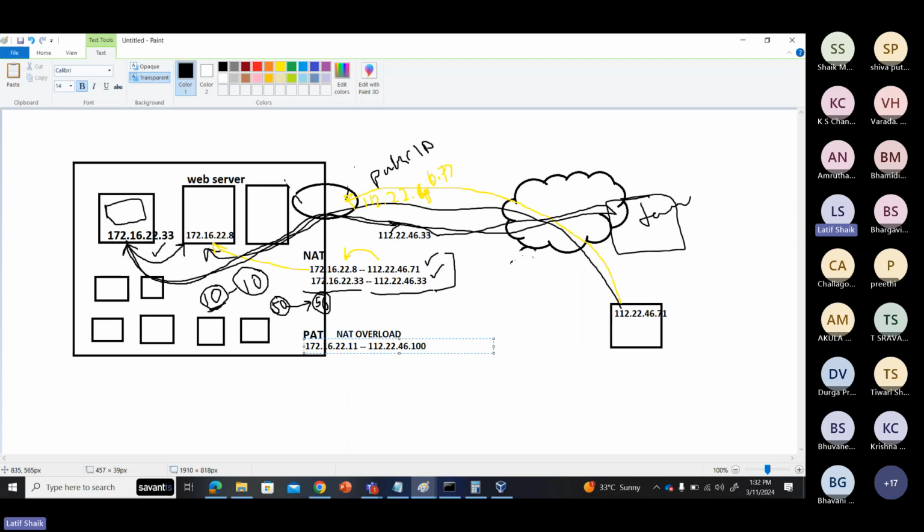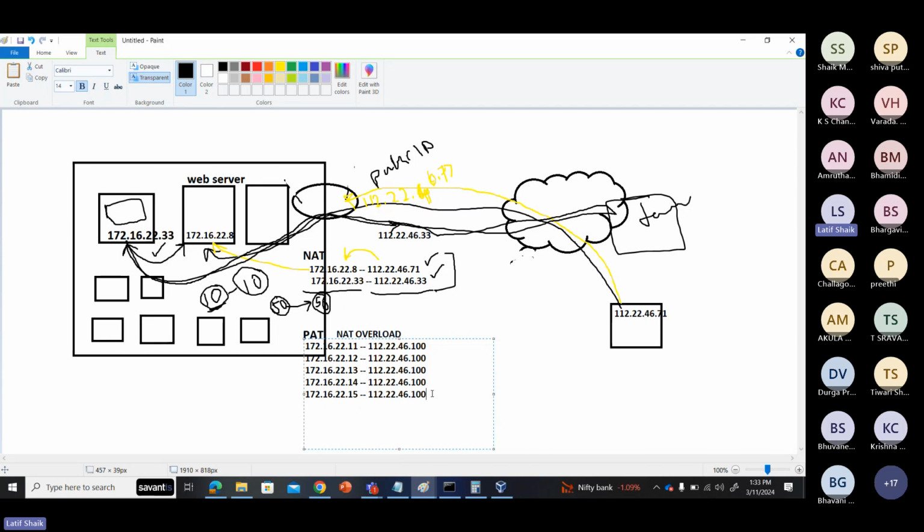In this technique, we use the same public IP address for multiple devices. For multiple IP addresses, we use the same public IP address.